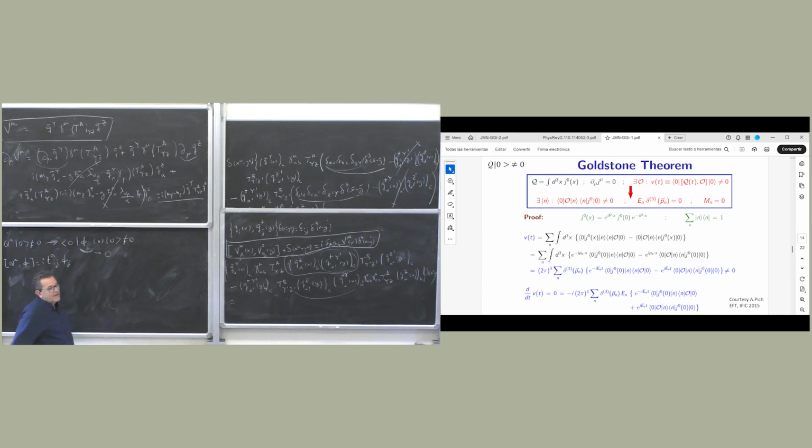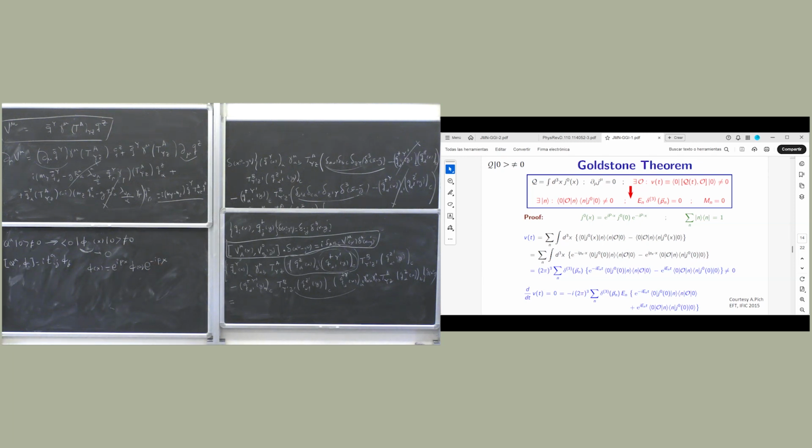Because I have invariance under spatial and time translations, the field at the space-time point x is e to the i p x, the field at 0, e to the minus i p x.